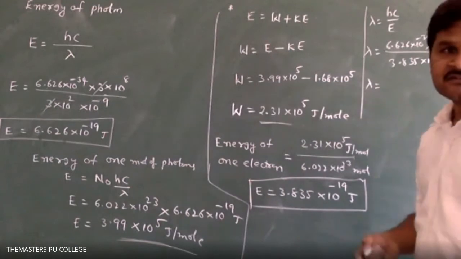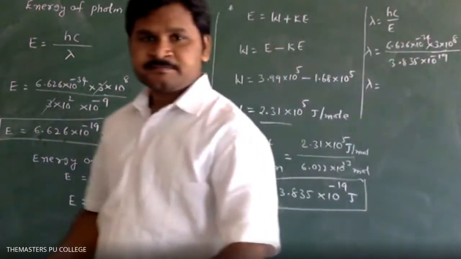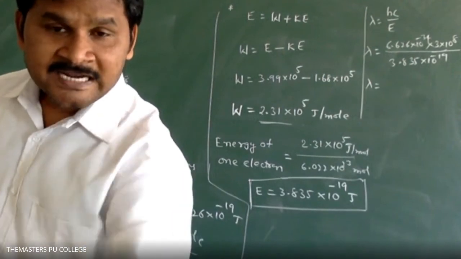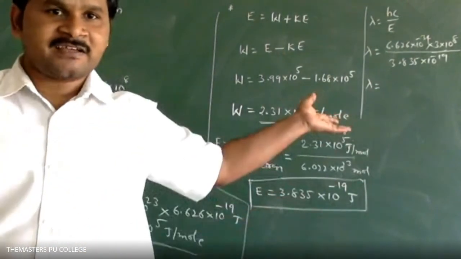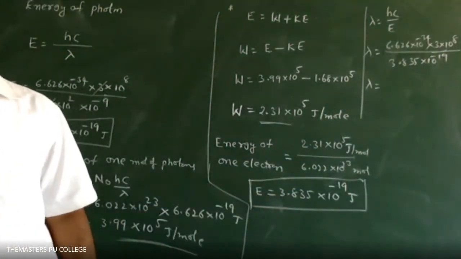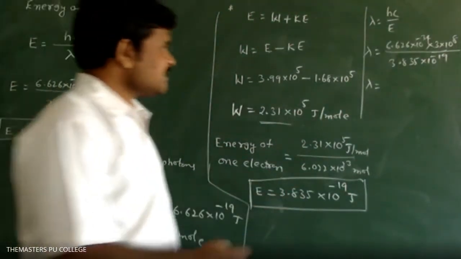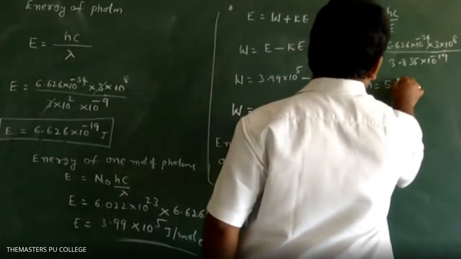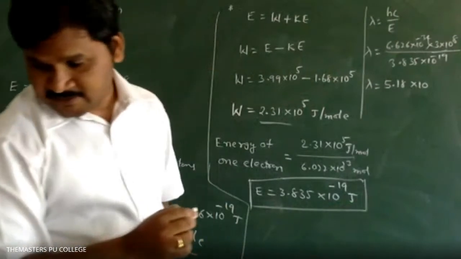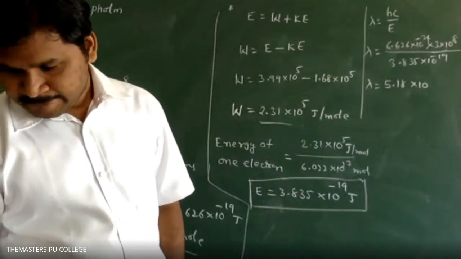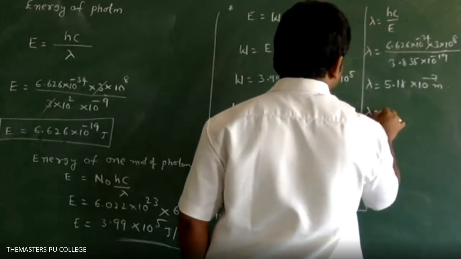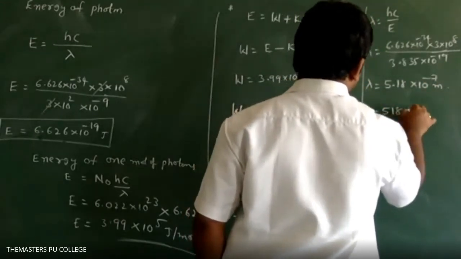Lambda is equal to 5.18 into 10 power minus 7 meters, that is 518 nanometers.